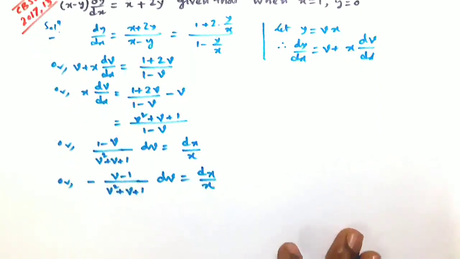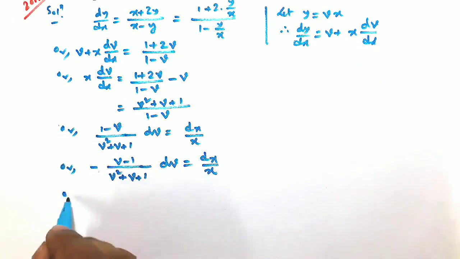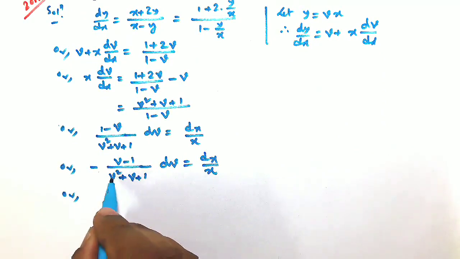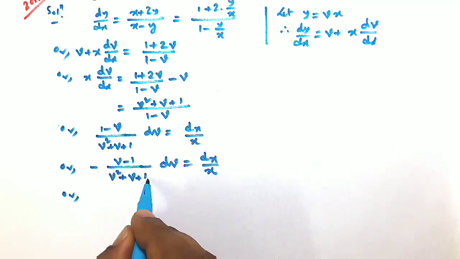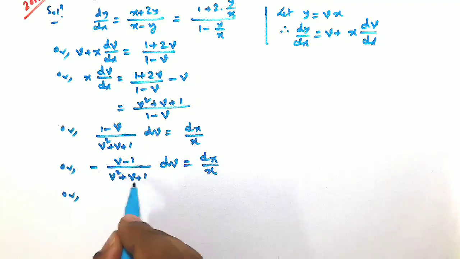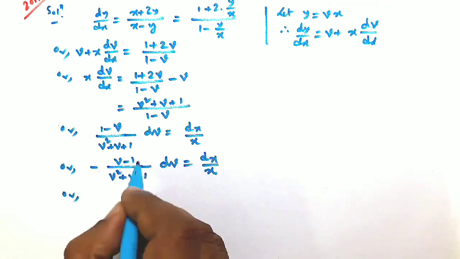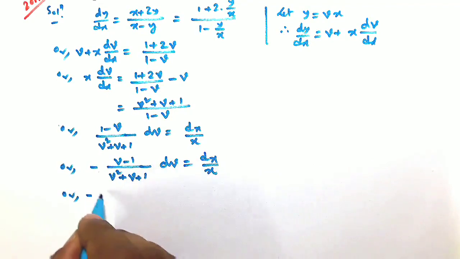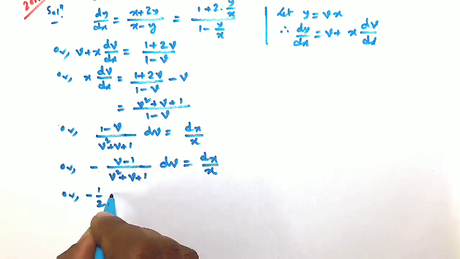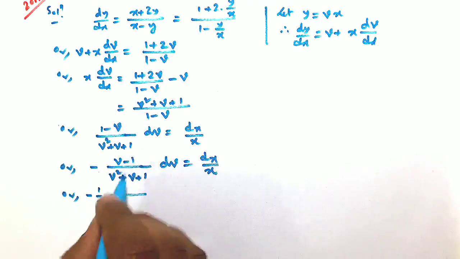So friends, observe that the derivative of v square plus v plus 1 is twice v plus 1, but in the numerator we have only v minus 1. So first of all, we have to divide by 2 and again multiply the numerator by 2.